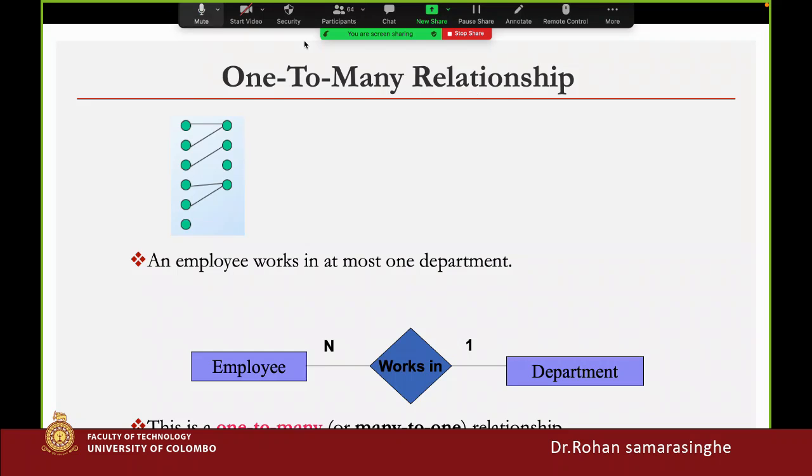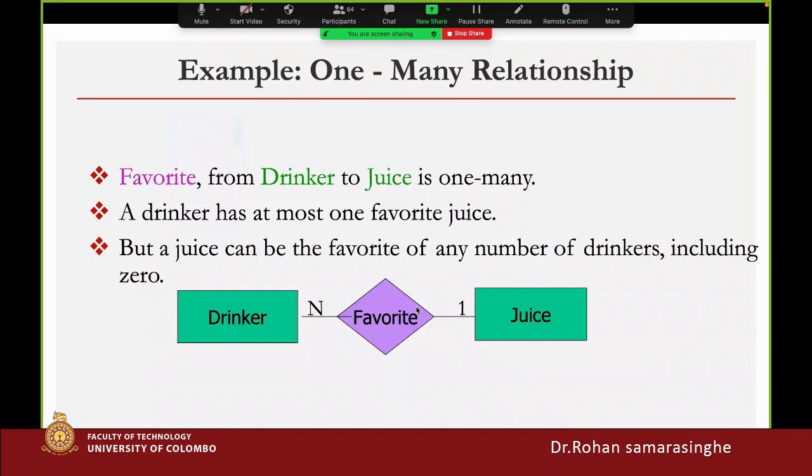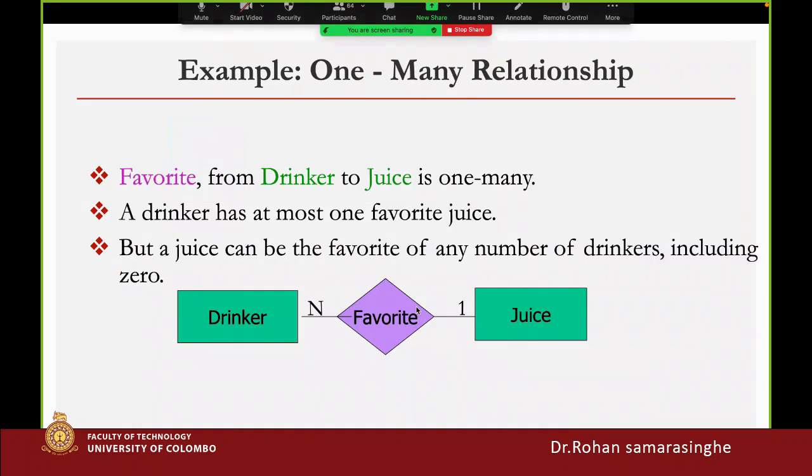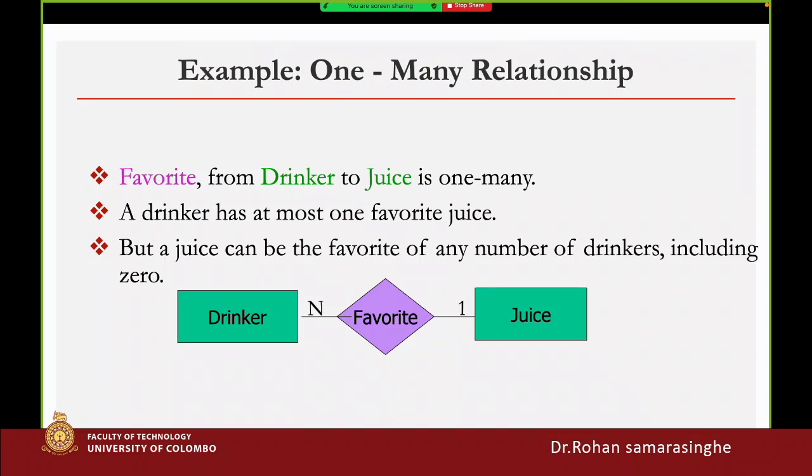So next, one-to-many relationship. Favorite from drinker to juice, one-to-many. Many drinkers favor one juice. You can see the avocado super. Avocado super is liked not only by one drinker but also by others.